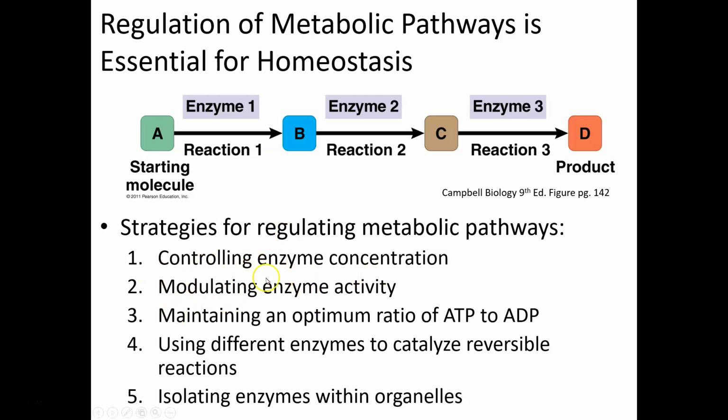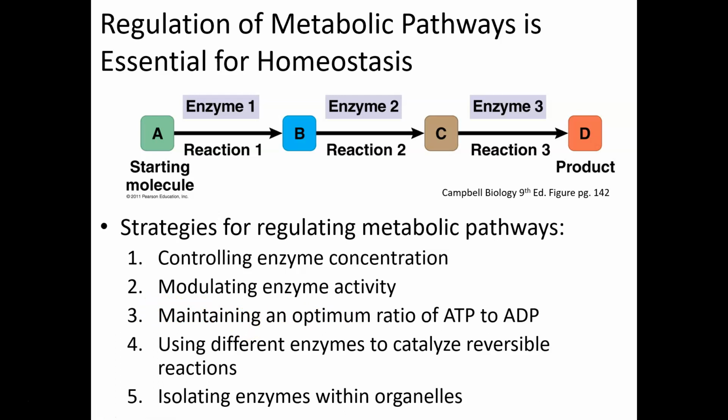Modulating enzyme activity, we just talked about that, by looking at concentration or affinity or competitive or non-competitive inhibition, allosteric or covalent modulation. All of those things can change the enzyme activity, speed it up or slow it down. Our body maintains the optimum ratio of ATP to ADP.